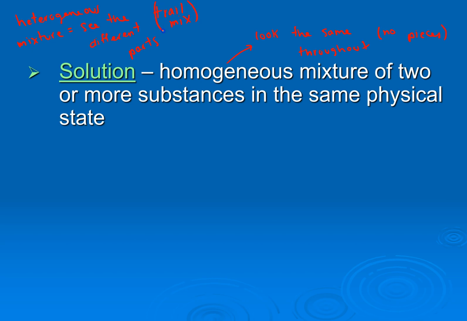But a solution, like what we're going to talk about today, is where it looks the same. You cannot see the individual pieces. And so my favorite go-to example for this one is going to be Kool-Aid, because I hope that we've all had a delicious, delicious glass of Kool-Aid on a hot summer day.